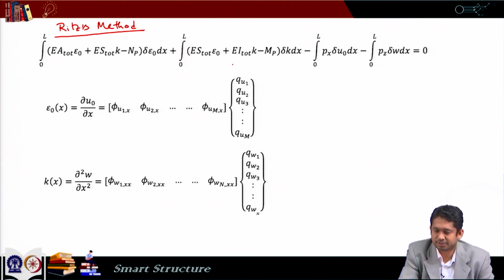This is the virtual work equation after doing the area integrals. As we have seen, we get it in this form. This form is well known to us. Now, in this form itself we will put our approximations.